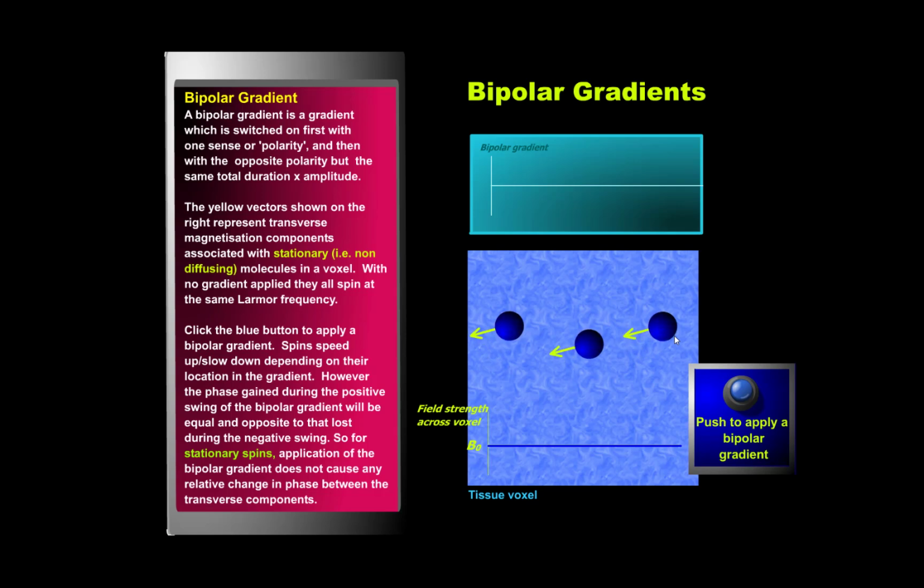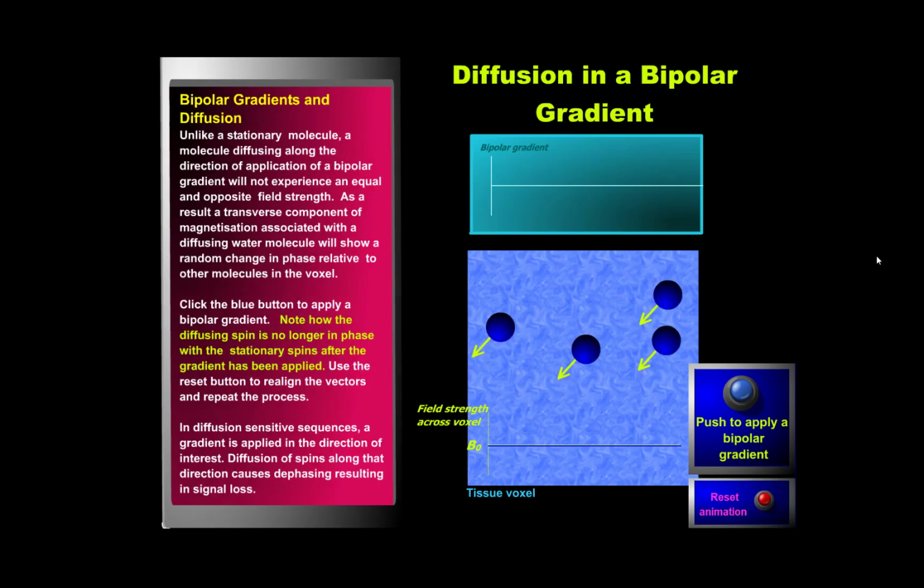Okay? Now, what's going to be different is when we are looking at a moving or a diffusing spin. Okay, so now we're going to introduce a diffusing spin into consideration and see what happens when we apply this bipolar gradient.